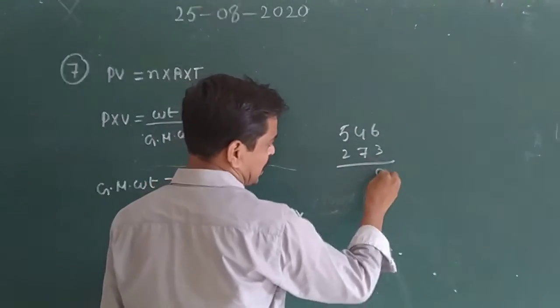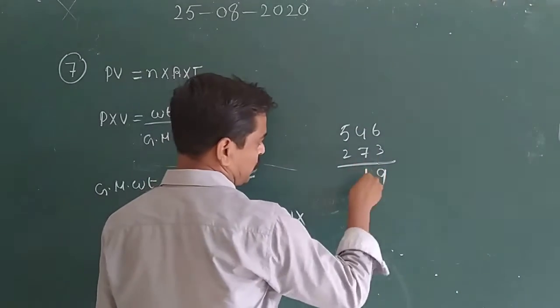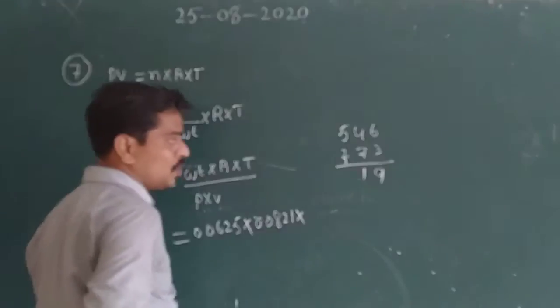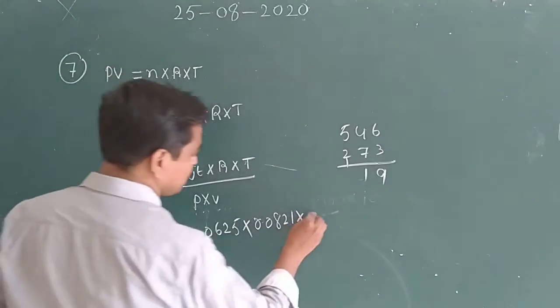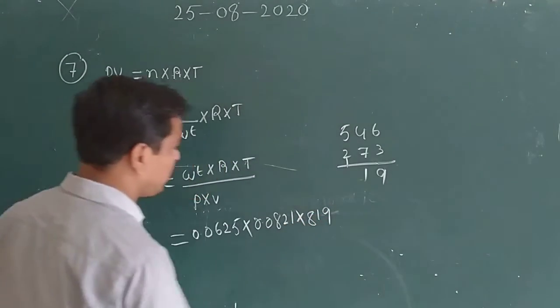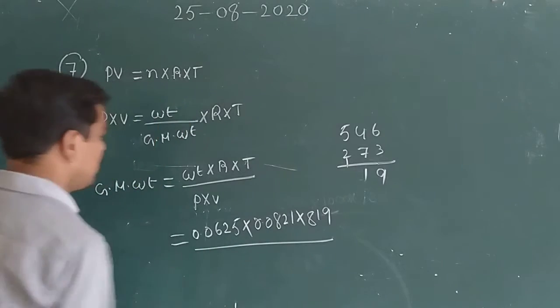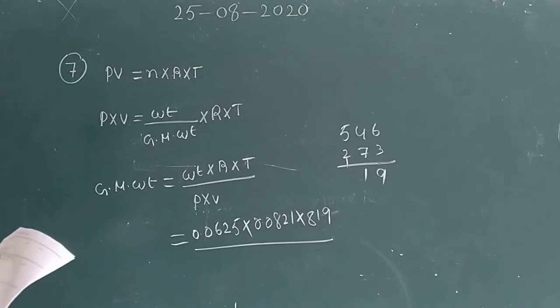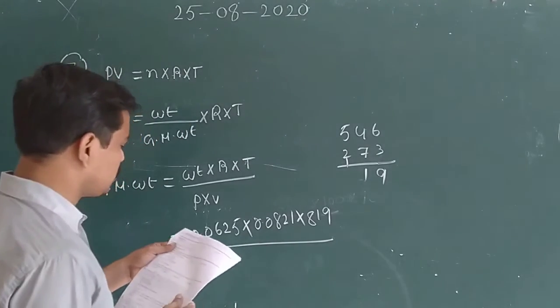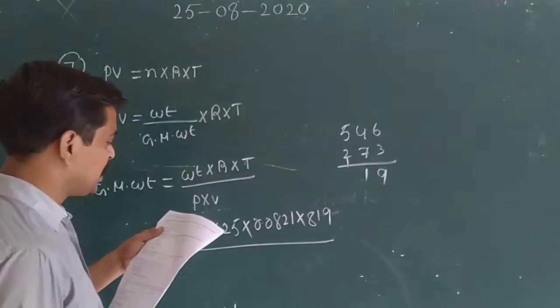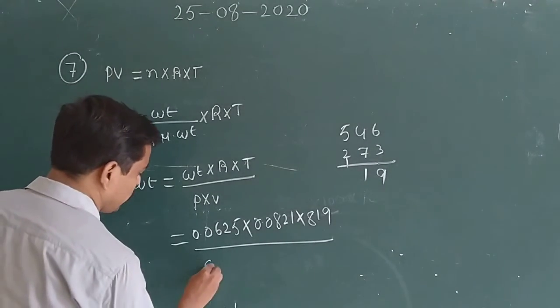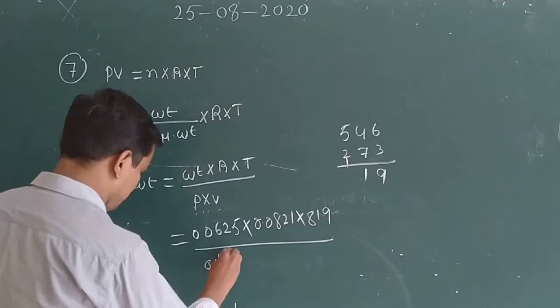That means how much, students? 9 and 7 is 16, 4 and 1 is 5 and 1 is 819. So 819 by P into V, that is pressure into volume. Pressure is given as 0.1 bar, 0.1 atmosphere.